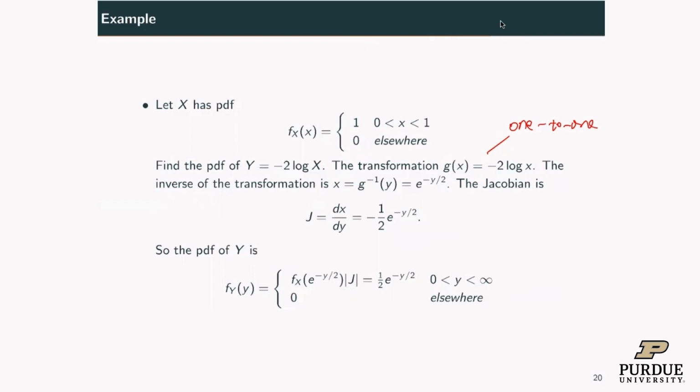Now you can calculate the Jacobian, take a derivative. So this is the Jacobian. So we can plug in to get the PDF of y. We plug in, multiply by the absolute value of the Jacobian. We can get the PDF of y. So this PDF of y is an exponential distribution. So this is how we apply the PDF technique.